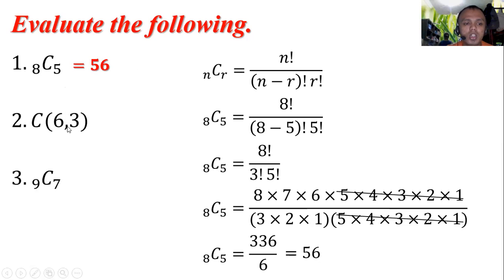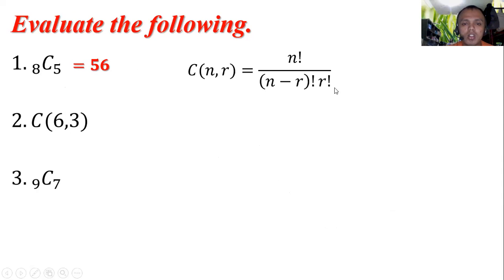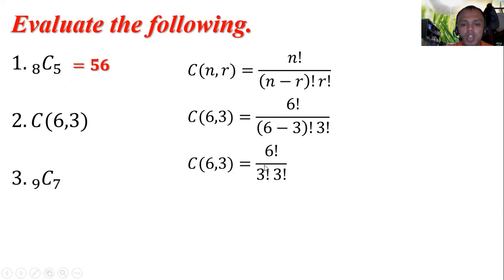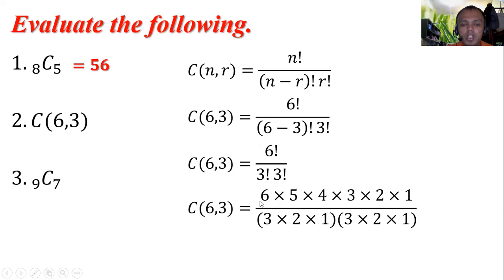Next, number 2, combination 6 and 3. Let us use this formula again. Your n is 6, your r is 3. 6 minus 3 is 3. 6 factorial over 3 factorial times 3 factorial. Cancel out. 6 times 5 times 4 is equal to 120. 3 times 2 is 6. 120 divided by 6 is 20.